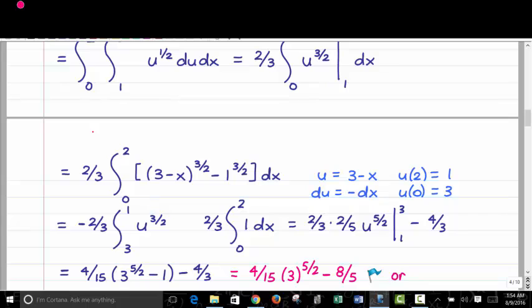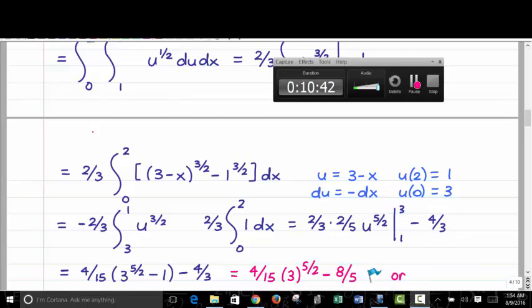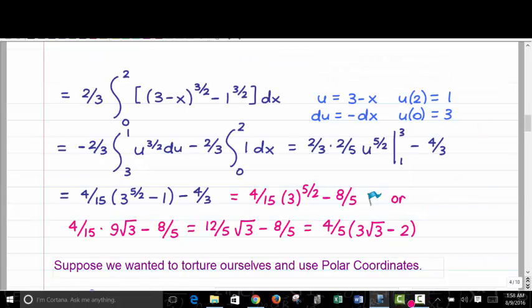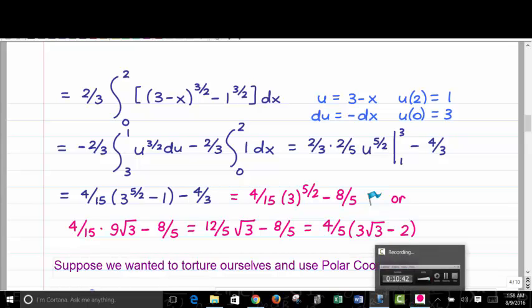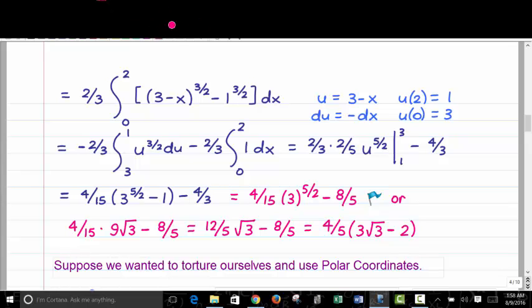Okay, let's see. So we have u to the 3/2 du here, and minus 2/3 and then just 1 dx, so that'll be simple enough.